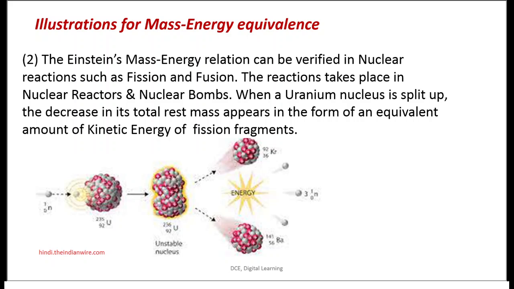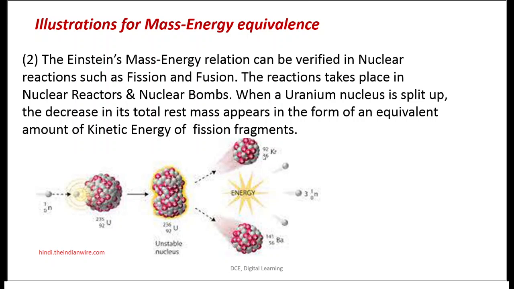Look at this picture. Here, a uranium nucleus is bombarded with a neutron, then it moves to a critical or unstable state. It becomes an unstable nucleus, then it splits into two fragments or products, one is krypton and the other is barium, with the release of a huge amount of energy and also some neutrons.